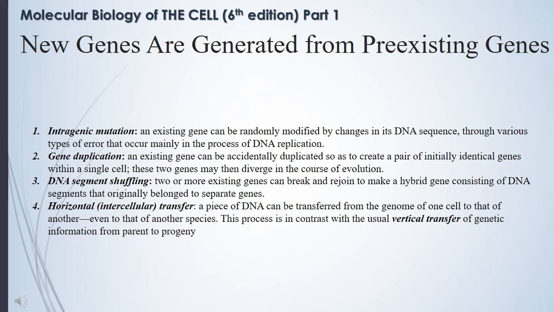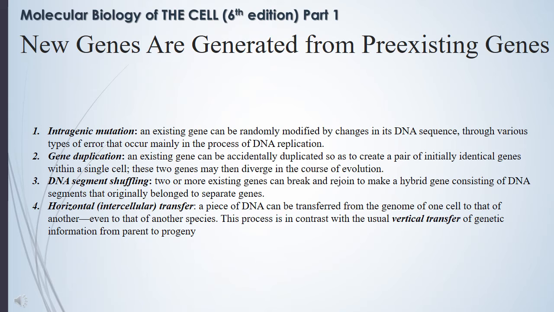So such similarity in genomic sequence between different organisms may be explained by the notion that genes are generated from pre-existing genes. And there are a few phenomena that are very well documented.